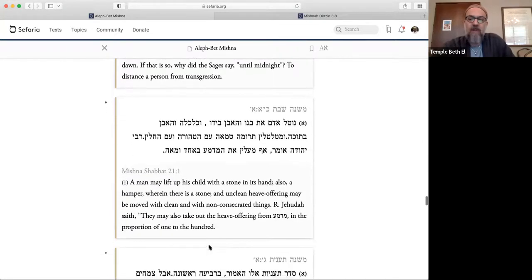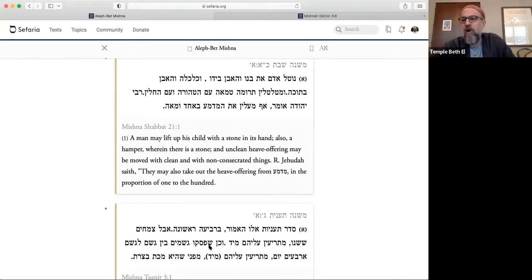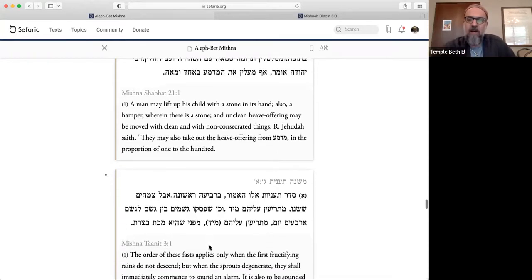We talked about the specific laws of carrying on Shabbat, and the one interesting instance of carrying something that's permitted to carry on Shabbat, but that thing has something inside of it that's not permitted to be carried on Shabbat. He's either holding it in a child or in a basket, something like that, and what the different points of view were on carrying on Shabbat.